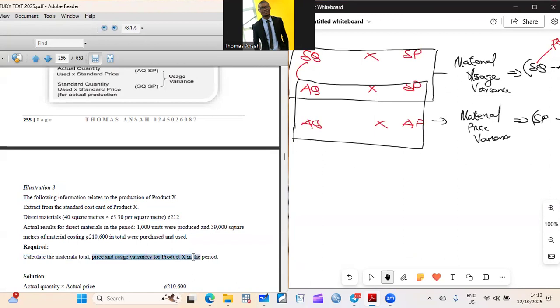You are doing the usage variance of product X, just to see if you can remember. Don't forget, material cost variance is a combination of usage variance and price variance. If you can do the two, you add the two, then you get your answer. Just in 3 minutes, do that one for me.